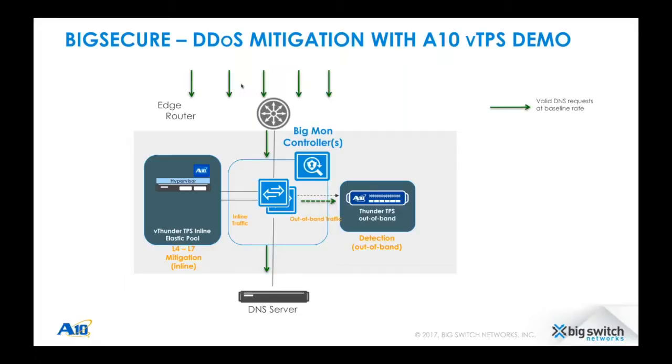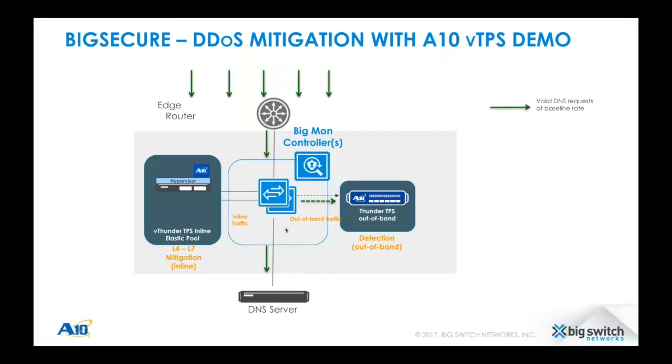reaching the first endpoint of BigMon on the inline switch. And from there, we configure the BigMon inline switch through the controller to make copies of this traffic, to mirror this traffic, and send it to an out-of-band Thunder TPS appliance.